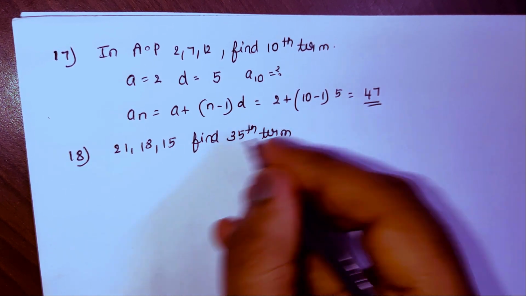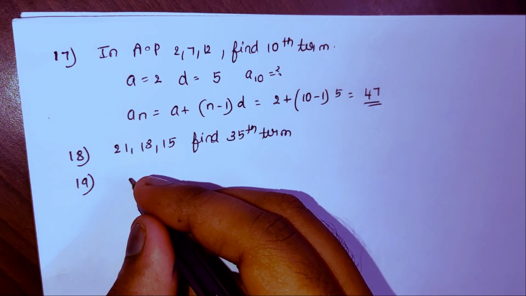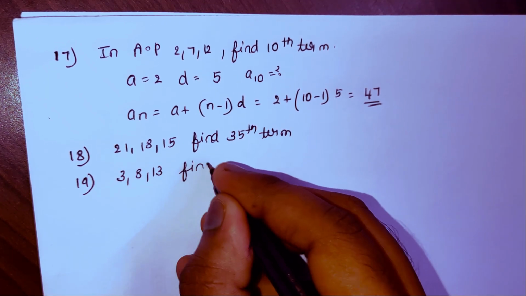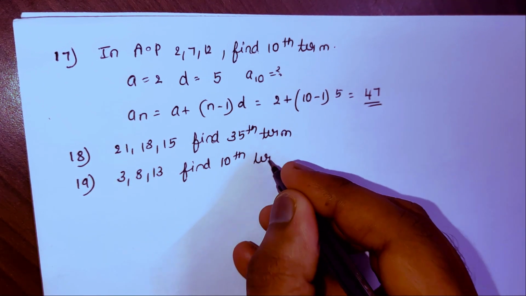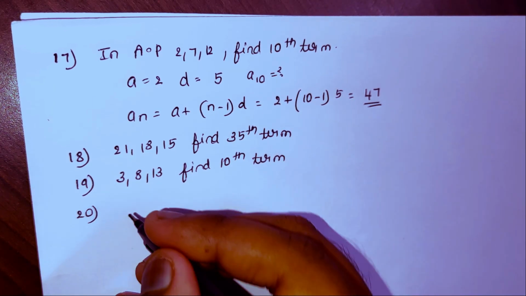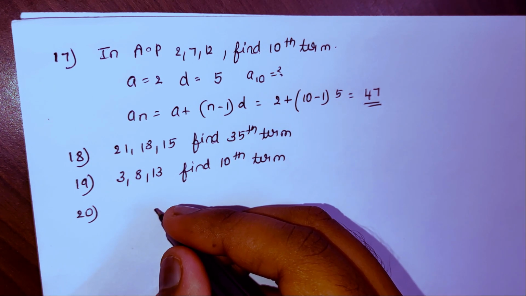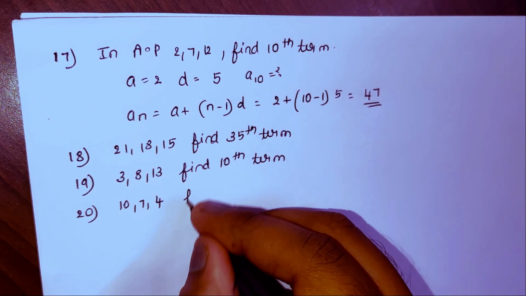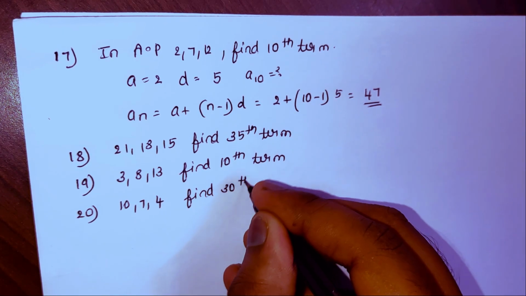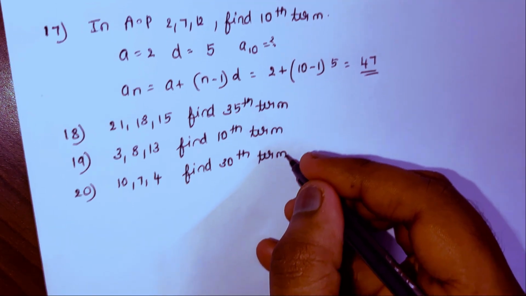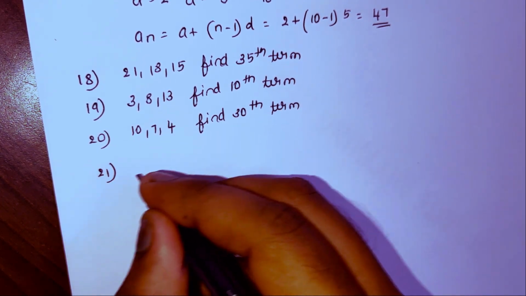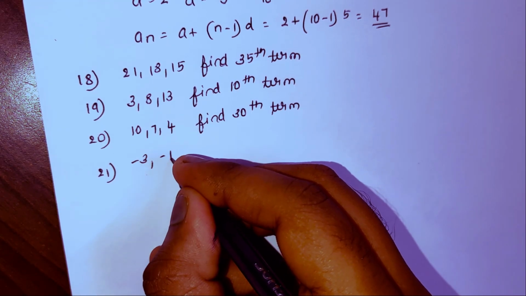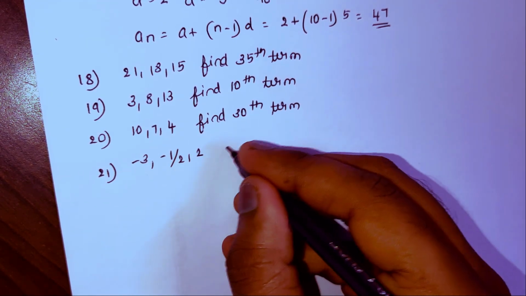Same like previous question you have to solve. 19th question, 3, 8, 13, find 10th term. 20th question, in an AP 10, 7, 4, find 30th term. 21st question, minus 3, minus 1 by 2, 2, find 11th term.